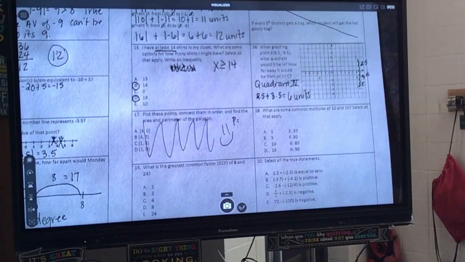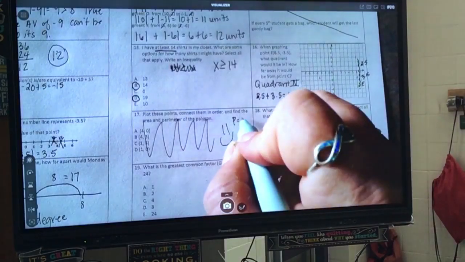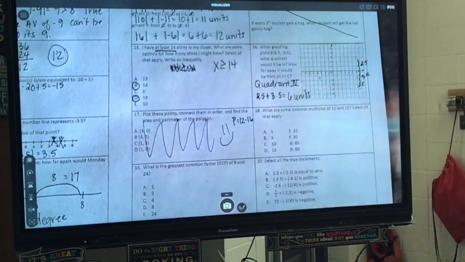I got 13. Anybody get 14? I got 13 because I did blocks. I just counted 8.6, I got like half of something. Alright, so for perimeter, we're just gonna give it an estimated 12 to 16.